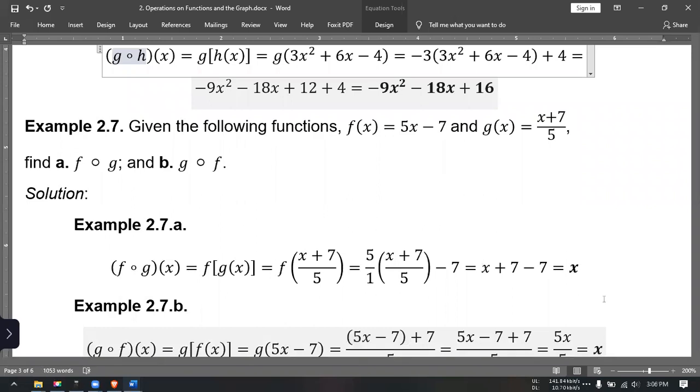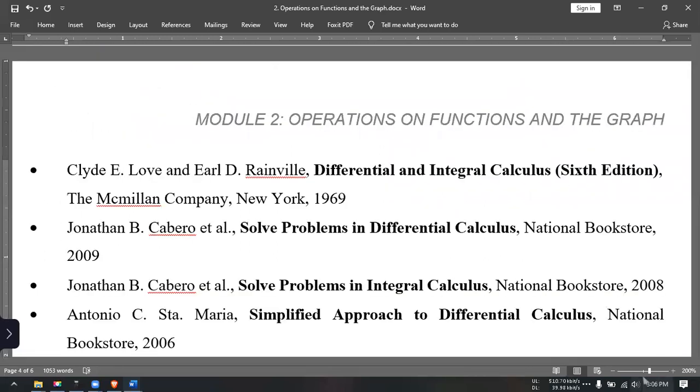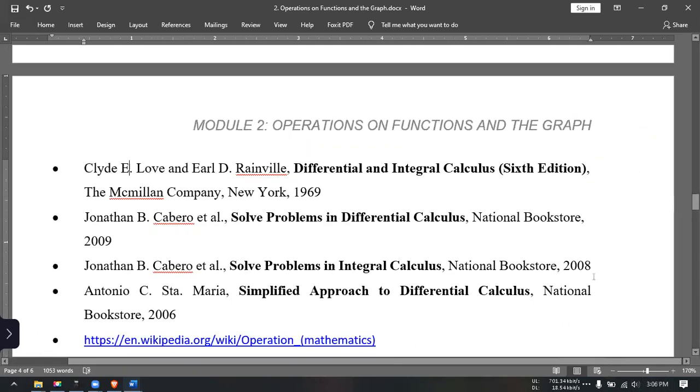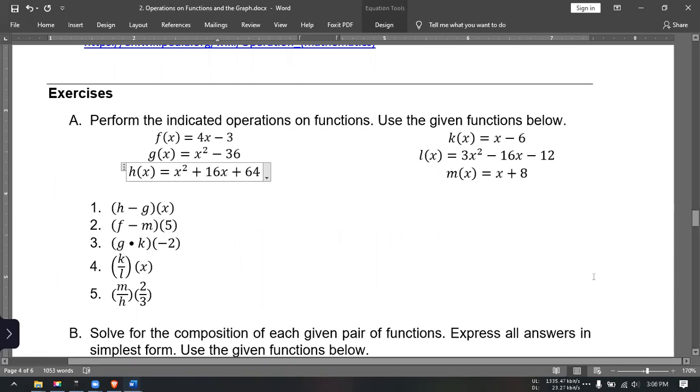I'll be posting your exercise number 2 on our Google Classroom. To give you an overview, given these functions, we have to solve for the following. Number 1, h minus g of x.